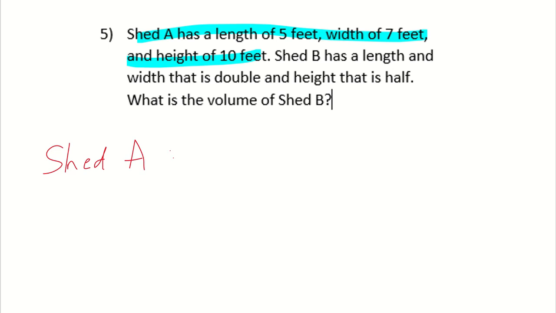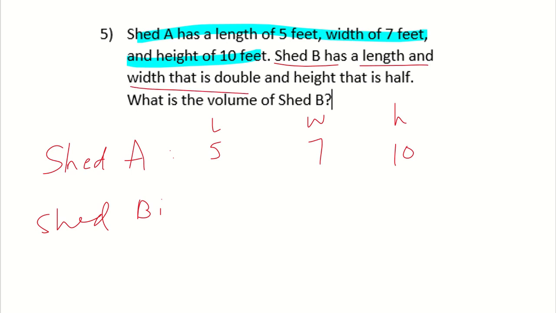So shed A: length of 5, width of 7, height of 10. Okay, now that's listed. Let's move on to shed B. They're saying that shed B has a length and width that is double whatever shed A is, right?